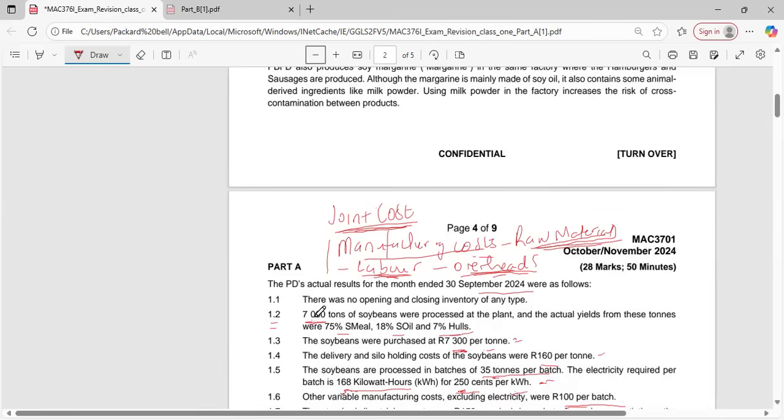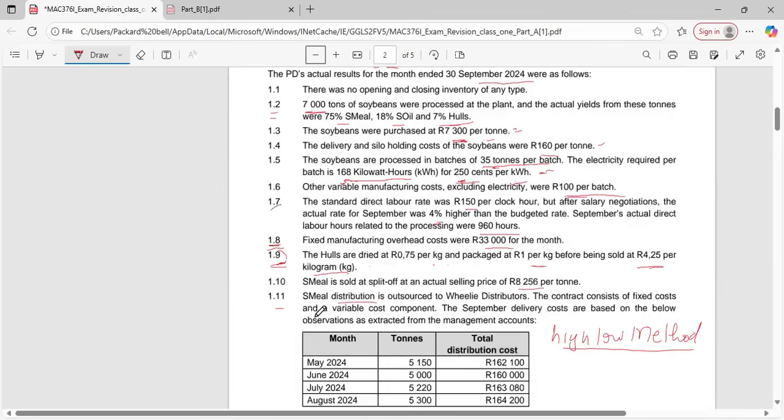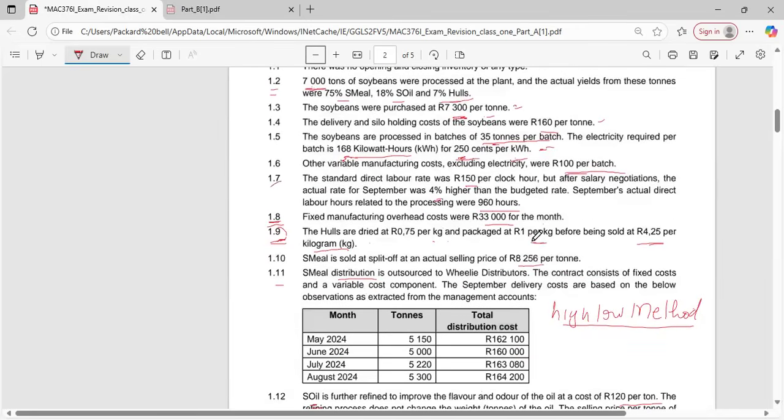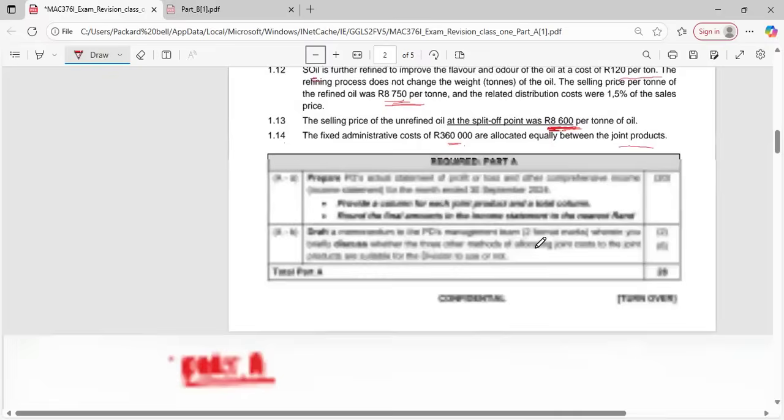Then when we have our 7% of here, we now convert it to kg and multiply by 4 Rand 25. So that's the sales value. Then we less the drying cost and the packaging cost. That's how we are going to answer this one.